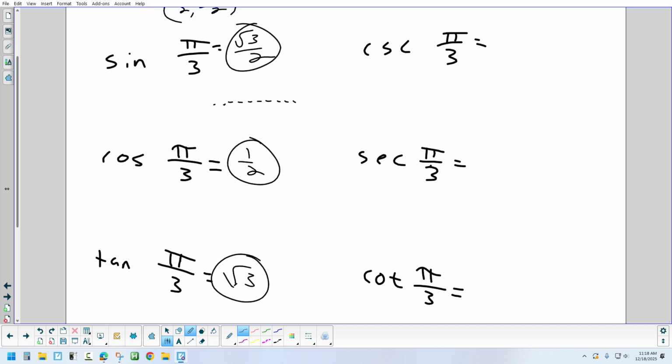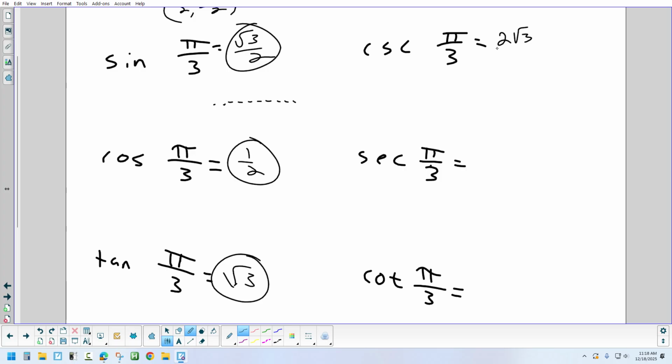What about the cosecant of pi over 3? 2 square root 3. A little more to it. Divided by 3.